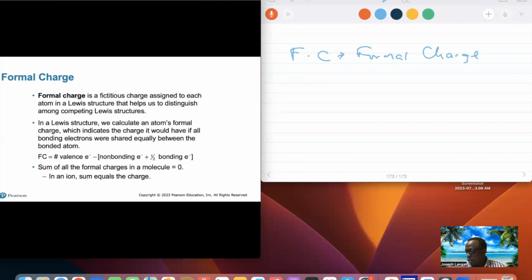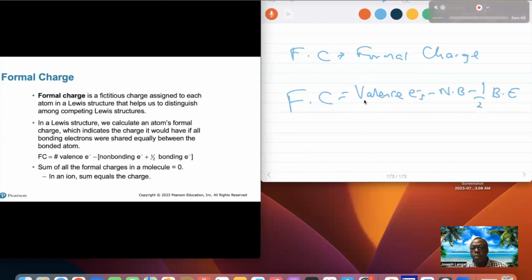Here is my equation: formal charge is given by the valence electrons minus non-bonding electrons minus half the bonding electrons. Valence electrons here means the valence electrons of an atom in the molecule, which you determine using the periodic table.